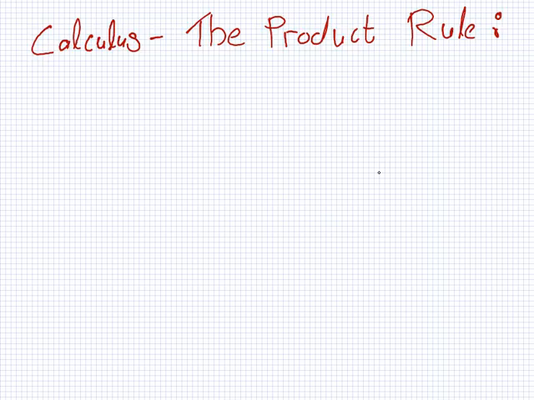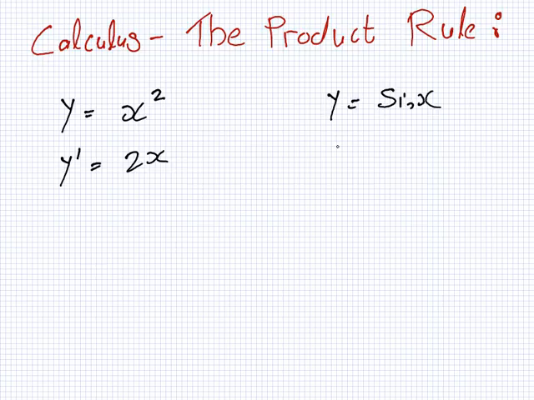Good. Okay. Now, we know what the derivative of this is. For example, if I say y equals x squared, what's the derivative here? 2x, yeah, well, we know that. And if I say y equals sine x, we know the derivative here, don't we? It's cos x.